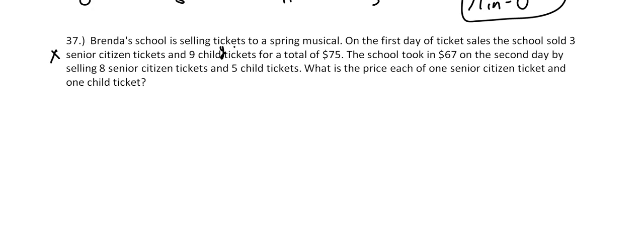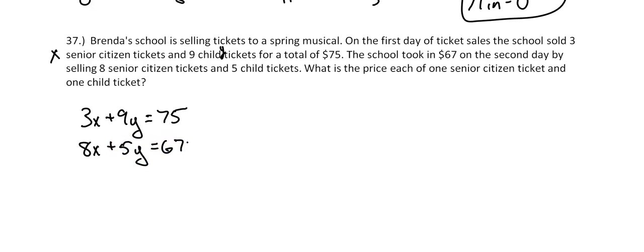I could use C for child, but S for senior citizen might get messy. So the way it's written, 3X, so 3 senior citizen tickets plus 9Y should equal $75. And then here, 8 senior citizen tickets plus 5 child should equal $67. Those are the two situations they give me.